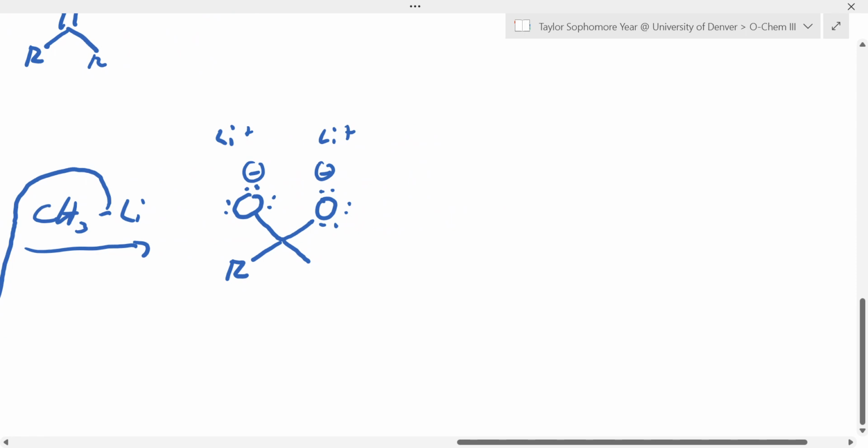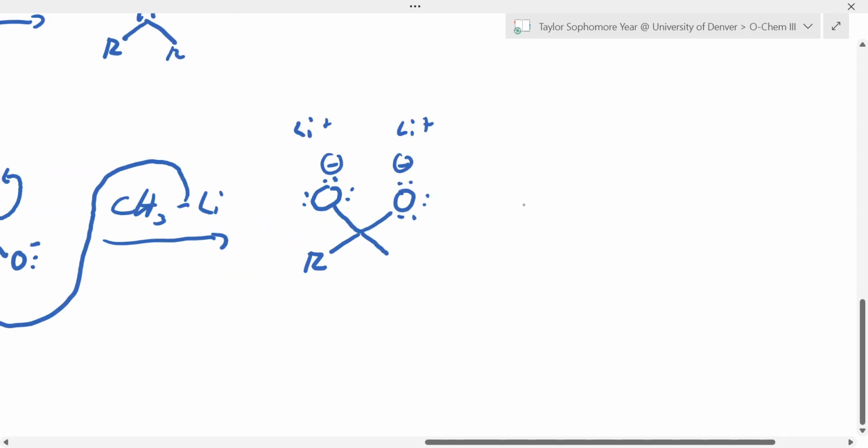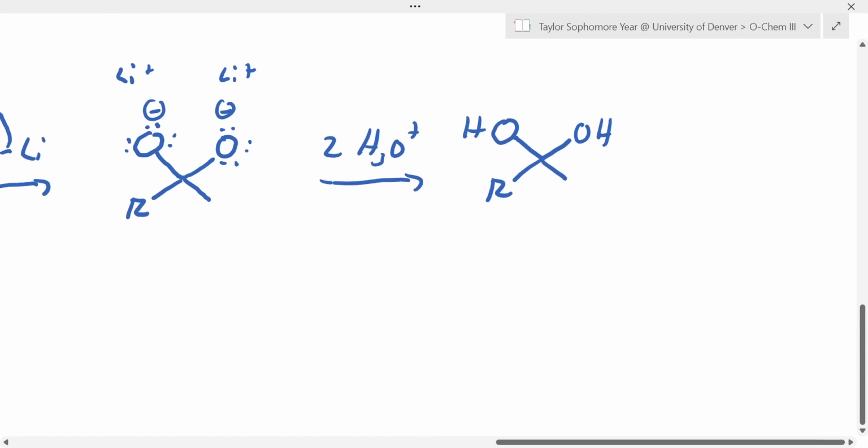Now, we'll use two equivalents of H3O plus, which will essentially just protonate these oxygens, producing this. Now we'll hydrate these alcohols by using another H3O plus, and what that will essentially do is we'll only hydrate one of them.